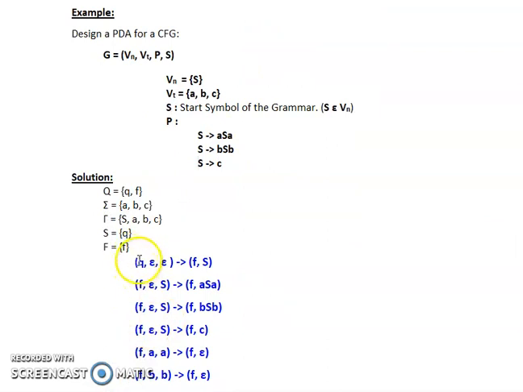This is your start state q, input epsilon, and stack top also epsilon, going to f, your final state, and pushing the start symbol of your grammar, capital S.